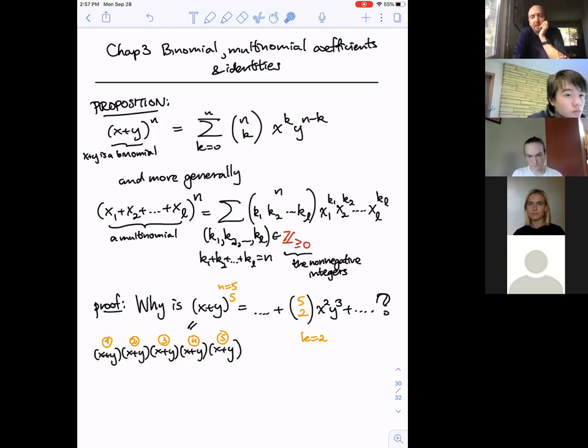As Thea is saying, I've got these 5 parentheses and I have to pick out which subset of 2 of those parentheses do I take x's from, maybe this one and this one. And then from the other ones, I take y's. So it's 5 choose 2. You just pick which 2 parentheses get the x's.